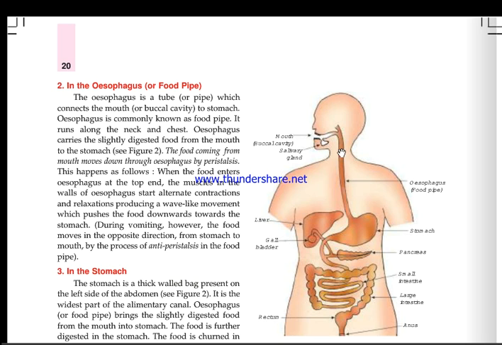In this peristalsis process, the food pipe muscles contract and relax continuously, producing a wave-like movement that helps to push the food forward, and the food easily reaches the stomach. The process is called peristalsis.